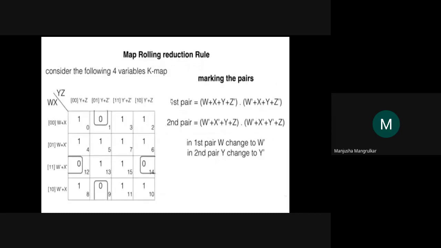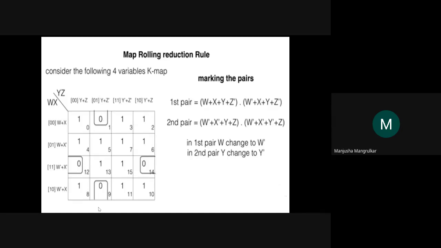Now we can see the map rolling reduction rule, how we can pair the edges of zeros. Suppose we can pair this way, this and this. For this example, we can pair this and this. We cannot pair this zero with this zero. We can pair this zero with this, which is called rolling reduction.